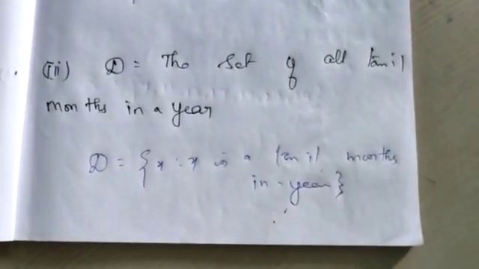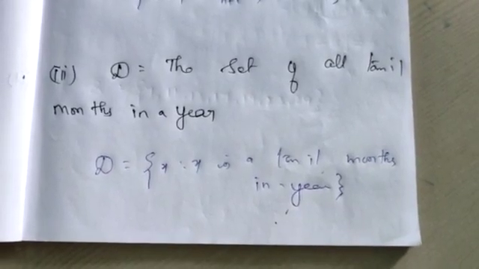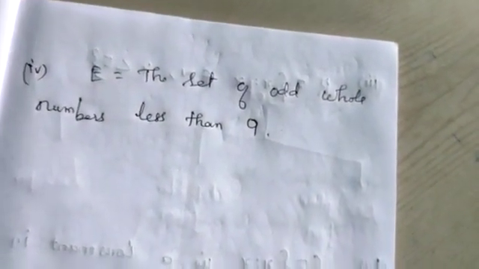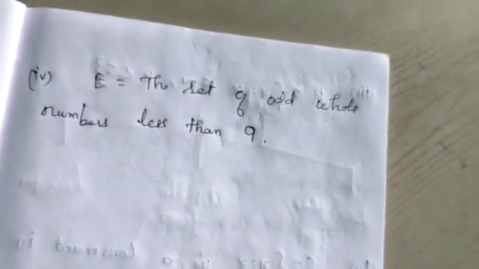Then the fourth one is the set of odd whole numbers less than 9.